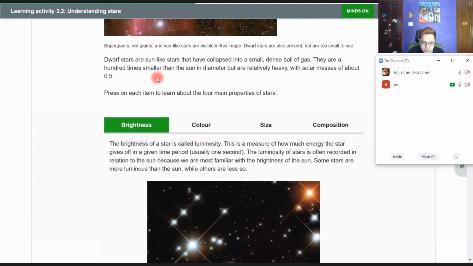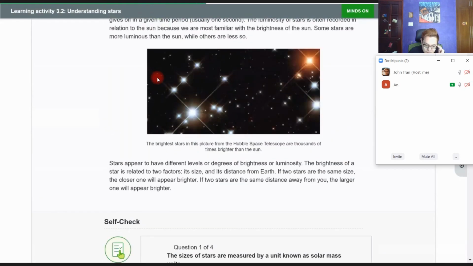Some stars are more luminous than the sun, while others are less. The brightest stars in this picture from the Hubble Space Telescope are thousands of times brighter than the sun.